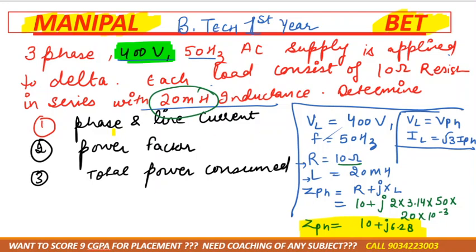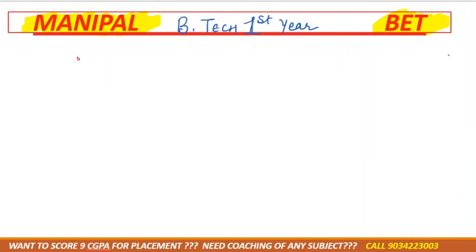Now after this we need to calculate phase and line current. First of all, as I told you, we need to calculate phase only. For this we need voltage and impedance, right? Remember I told you the formula that VPH is equal to IPH multiplied by ZPH. Yes or no?